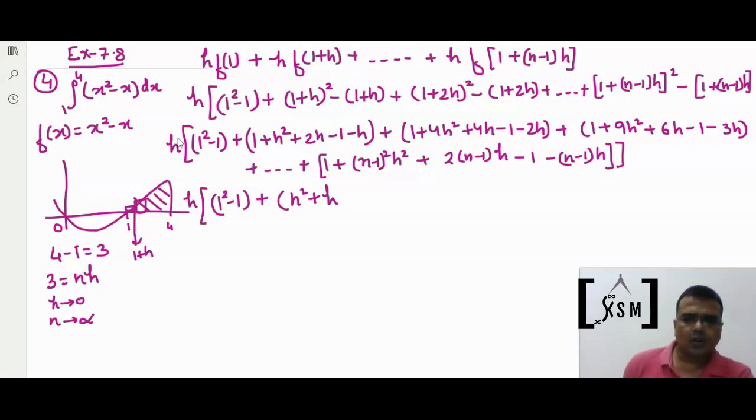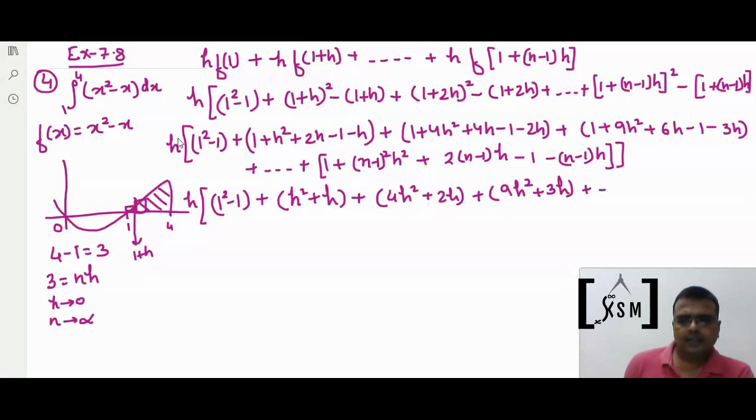Then 1 cancels, so we get 4h square plus 2h, and from the fourth rectangle we get 9h square plus 3h.